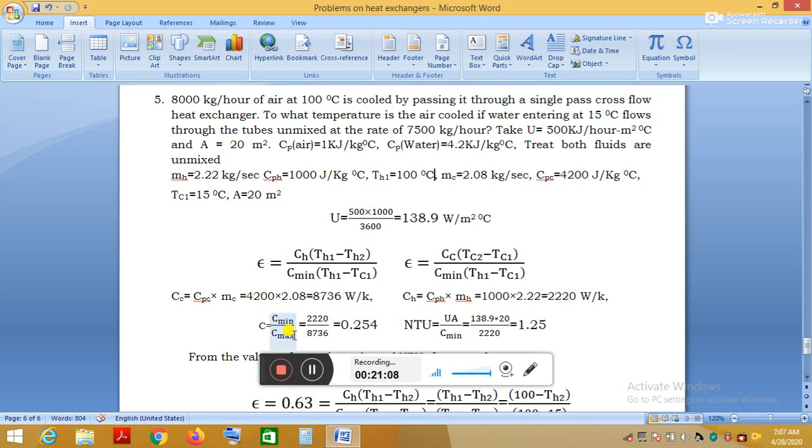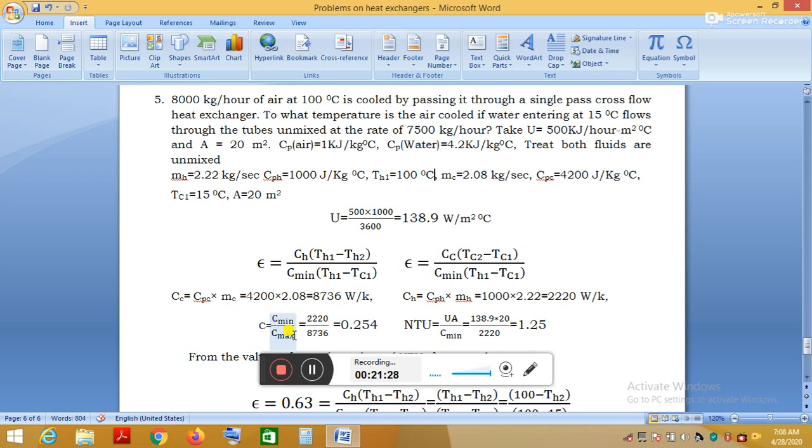There is no need to remember all these equations. If you go to your data book, for heat exchangers, all these equations are given in the data book itself on page number 152.